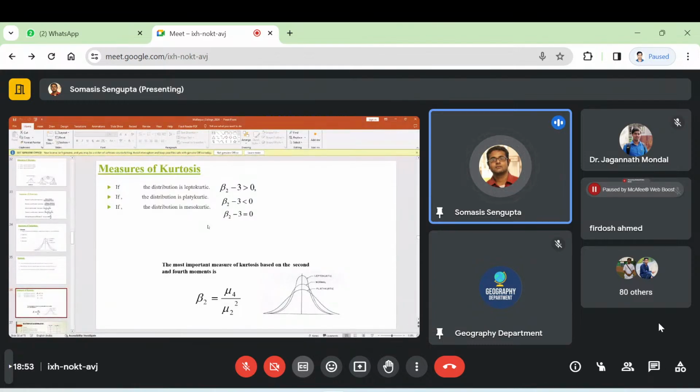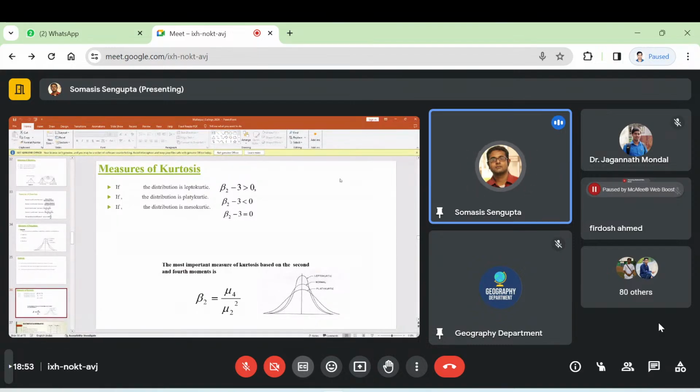So there is a value, the kurtosis value, and there is a formula. Beta 2 is equal to mu 4 divided by mu 2 squared.